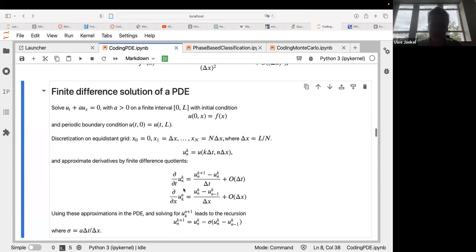And now we do our finite difference approximation. First, with respect to time, this means we move one time step ahead. So we approximate it in time. That is a forward difference quotient, a forward finite difference. This is an approximation of the derivative with respect to time.